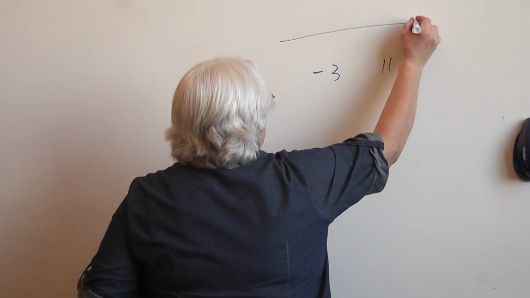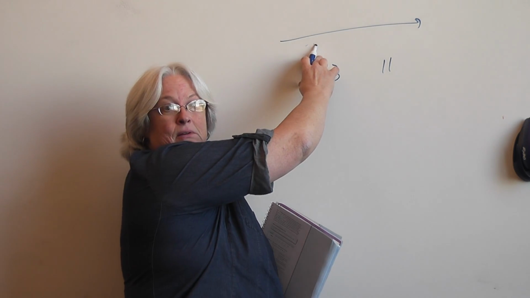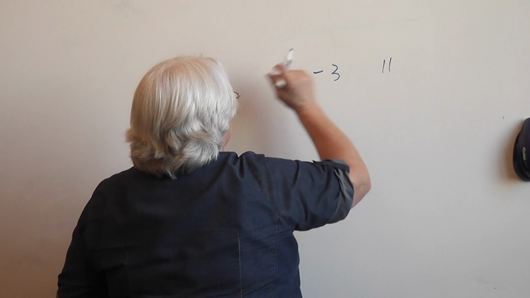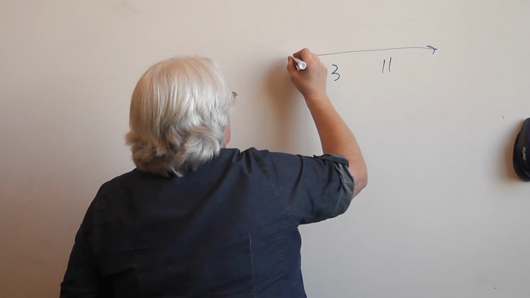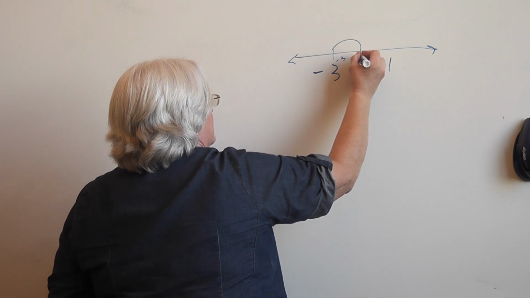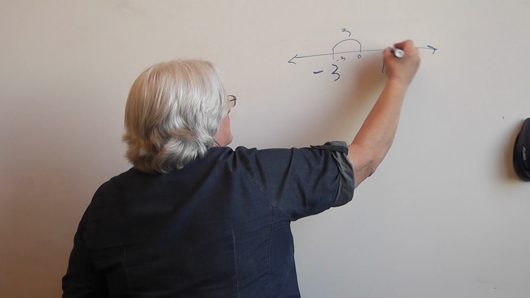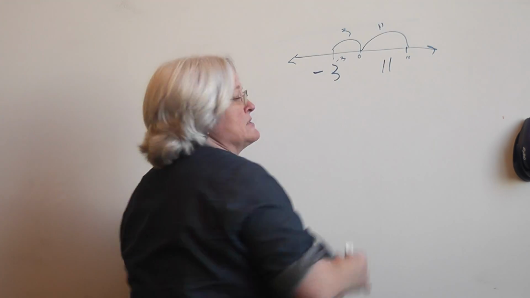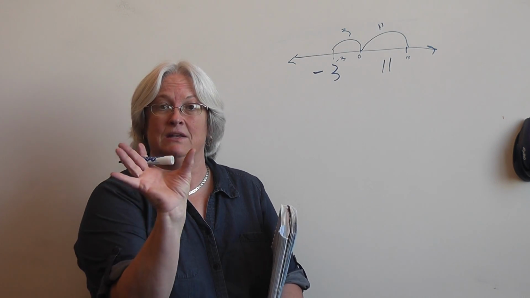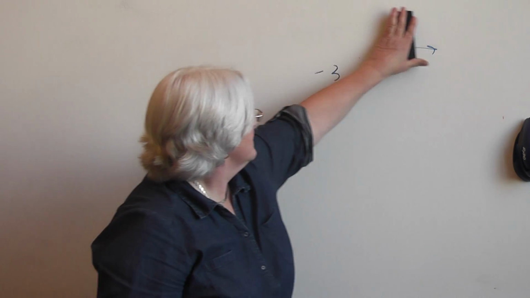And we already said that the distance between those 2 points was 14. We did that by thinking, okay, here's negative 3. Negative 3 to 0 is 3 units, and from 0 to 11 is 11 units, which gives us a distance of 14 units between those 2 points.